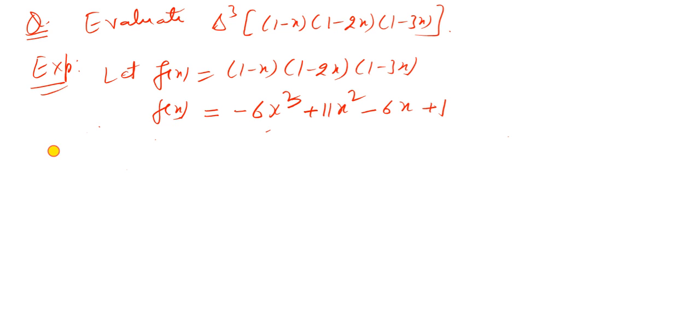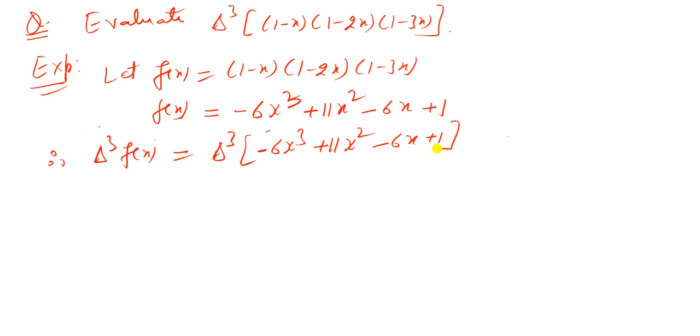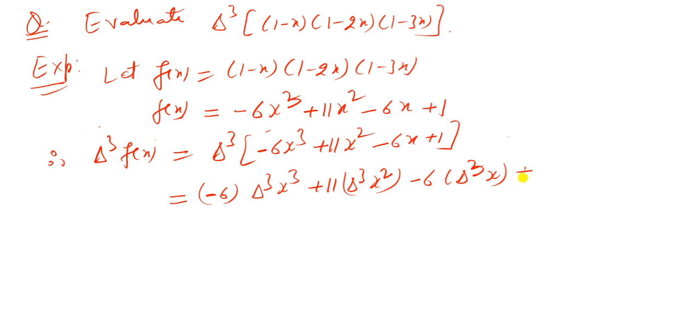Therefore Δ^3 f(x) = Δ^3 (-6x^3 + 11x^2 - 6x + 1), and here using the linearity property of the difference operator, this will be -6 Δ^3 x^3 + 11 Δ^3 x^2 - 6 Δ^3 x + Δ^3 (1).